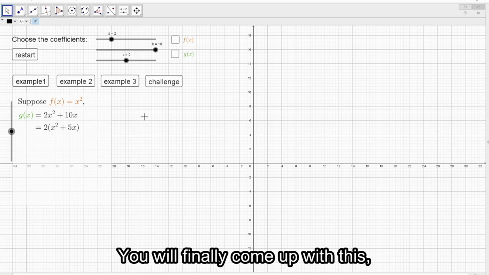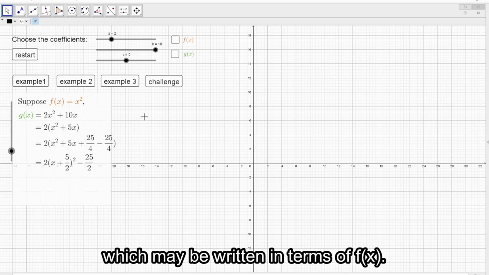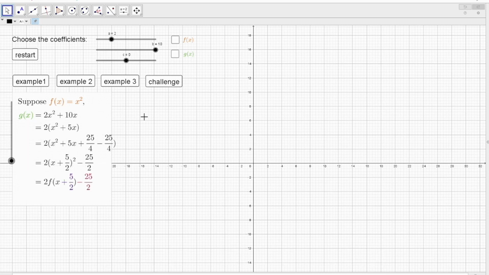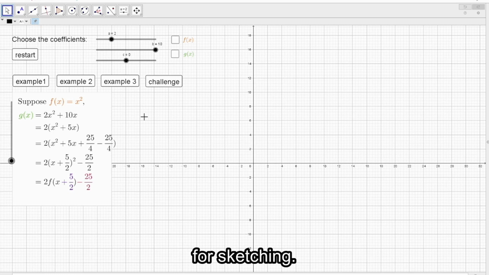You will finally come up with this, which may be written in terms of f of x. With the given f of x, you may apply the technique from session 5 for sketching.